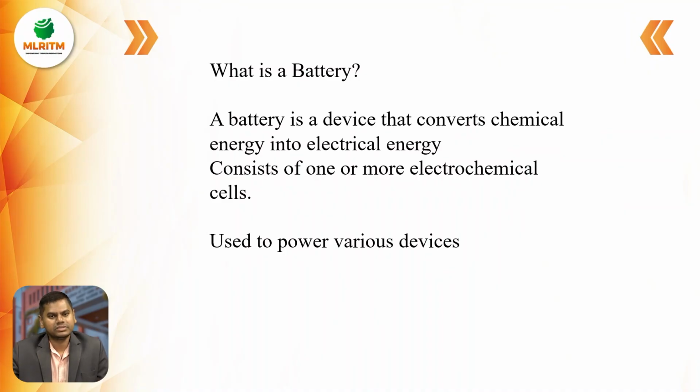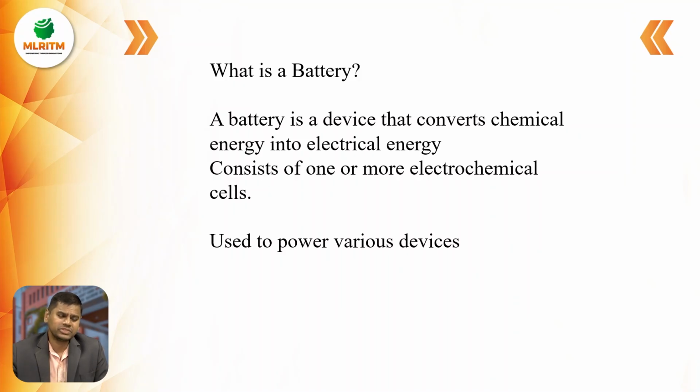A battery is a device which converts chemical energy into electrical energy. See here, in a battery, chemical energy is converted into electrical energy. Similarly, here I am taking one more thing, that is motor, generator, and transformer.